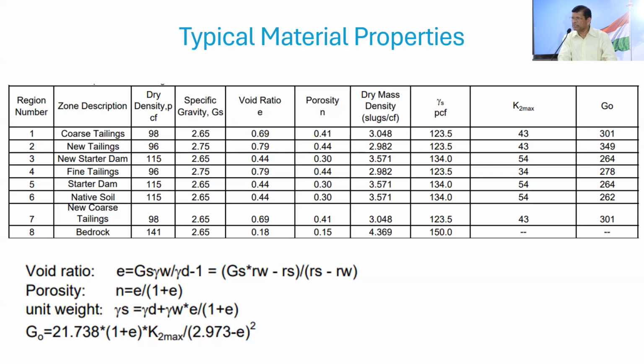We have to go through this, and it will vary from site to site. This is just an example of how we calculate these parameters for a particular site. For a starter dam, we can have fine tailings, coarse tailings, different types of tailings. Then we go there and get those parameters.